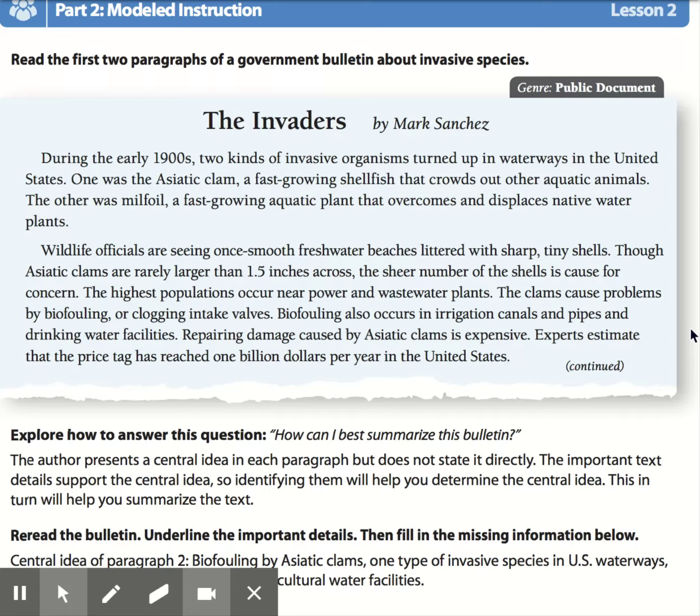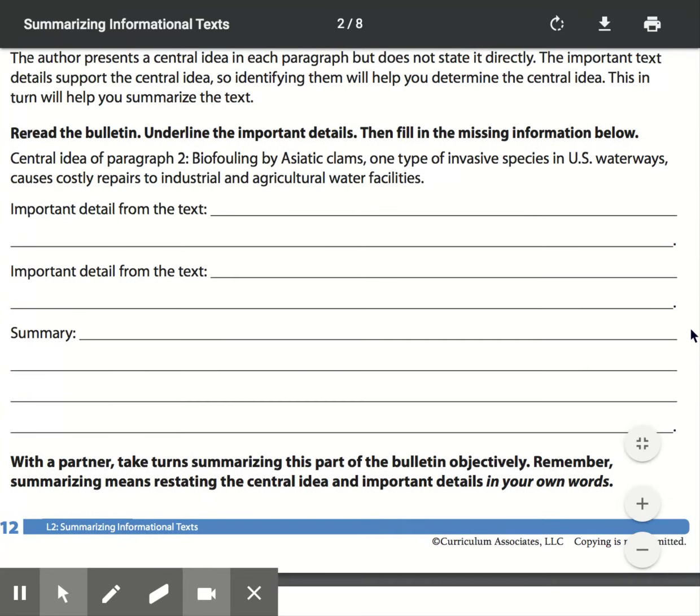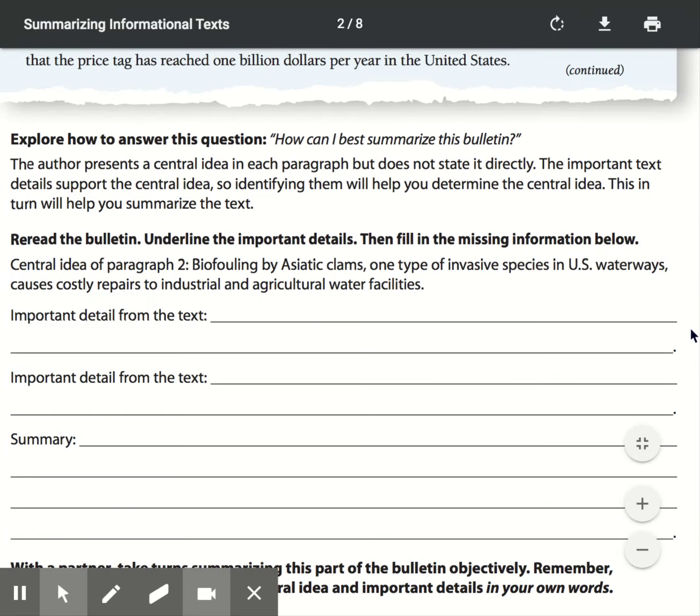I see the additional details provided about this idea. So my conclusion will be what this paragraph is mostly about, right? So that's what I would conclude. My first important detail from the text, for paragraph 2, I will put, the important detail is the clam shells are small but numerous, okay?